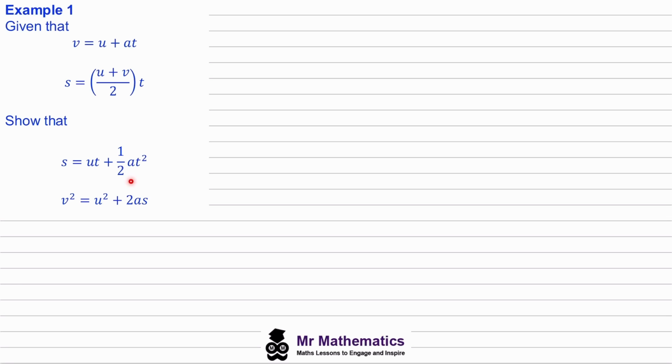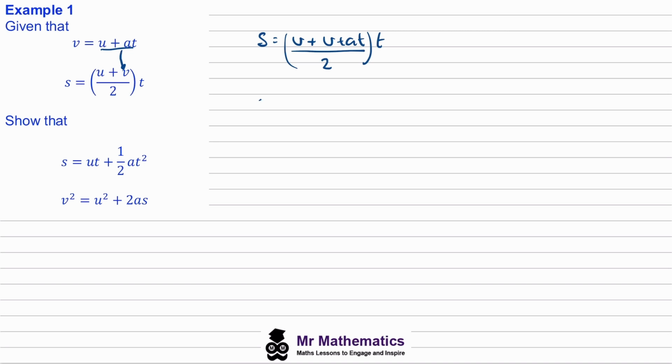So if we begin with this one, you can see there's no final velocity term, there's no v term. So what this tells us is that we can substitute this expression for v into the velocity term in our displacement equation. This will write this velocity in terms of u plus at. So we'll have s be equal to u plus (u plus at), all divided by 2, multiplied by t.